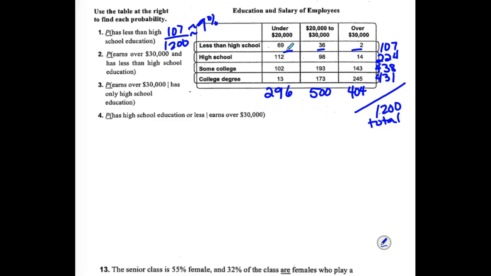Okay. Second one, probability they earn over 30,000 and have less than a high school education. Now we're being very specific. We want them to be over 30,000 and have less than a high school education. We're looking for where those two quantities meet. Okay, which would be 2 out of the 1,200.